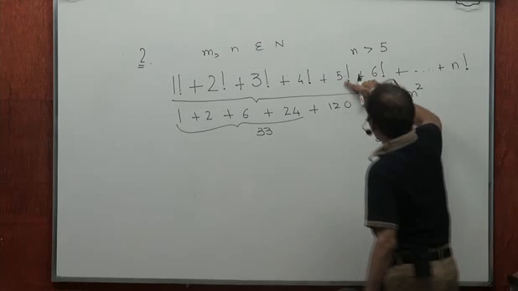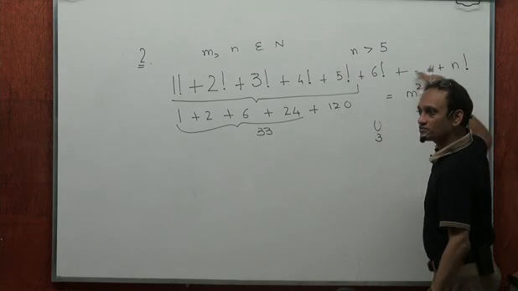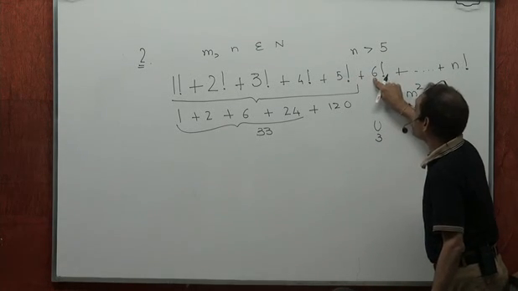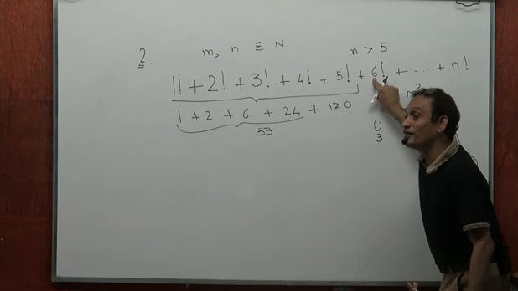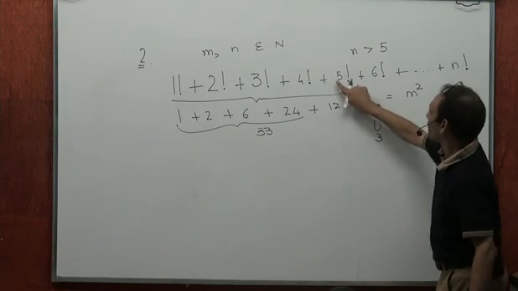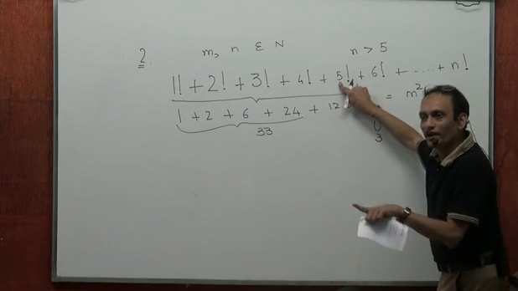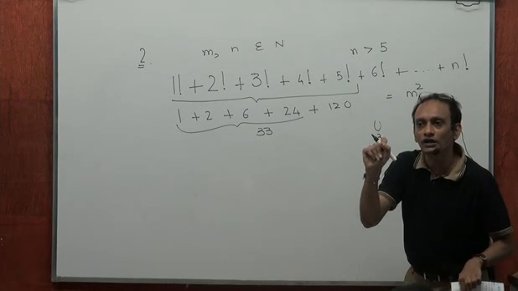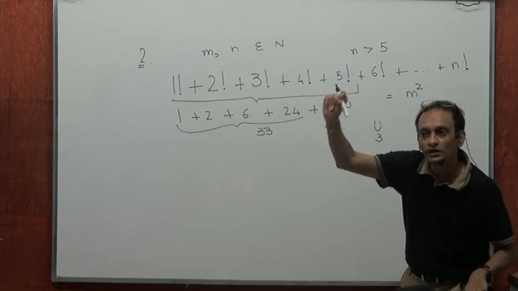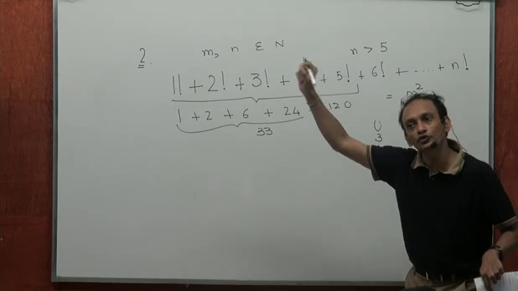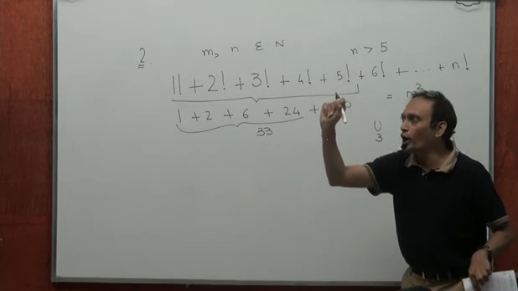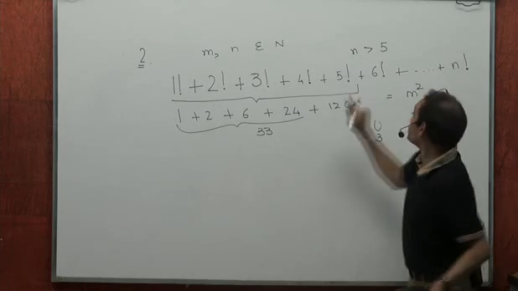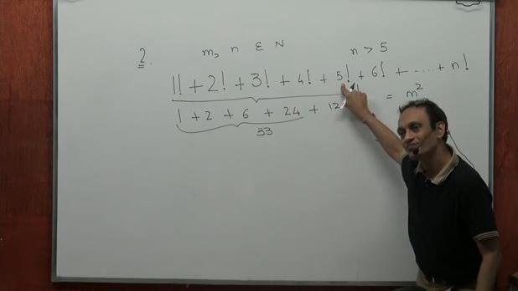Now, after 5 factorial onwards, do you realize that every member in the product will have a 2 and a 5 for sure? 5 factorial has a 2 and a 5, so it will end in 0. Because in order to write 5 factorial, I'll write 1 into 2 into 3 into 4 into 5. So in the product, there is a 2 appearing for sure, there is a 5 appearing for sure. So this must end in 0.